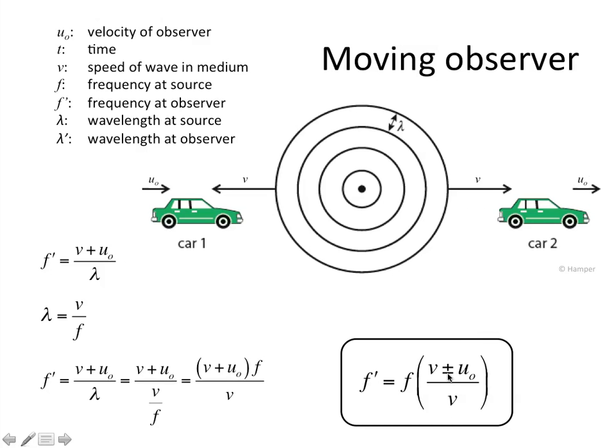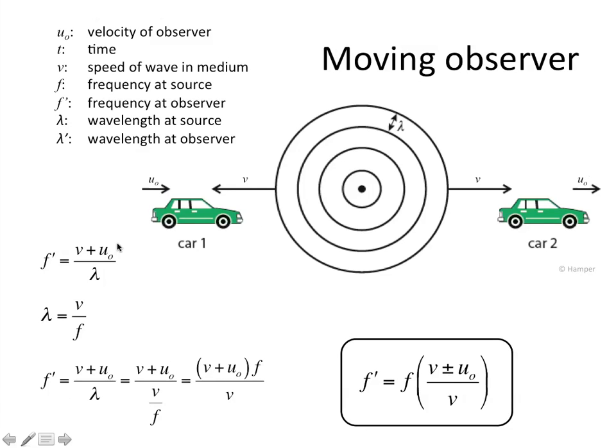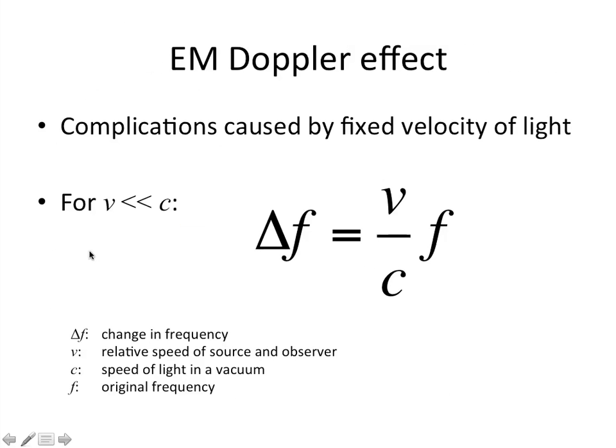So that's two examples with sound waves, and they would work with water waves and other such waves. For electromagnetic radiation, i.e. light or radar, radio, we can't really use that because of the fixed velocity of light; this simple equation doesn't work.